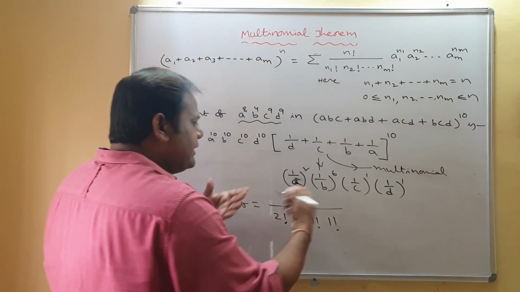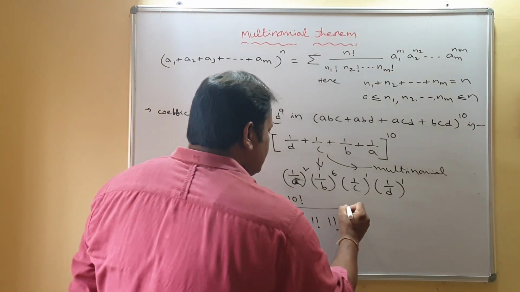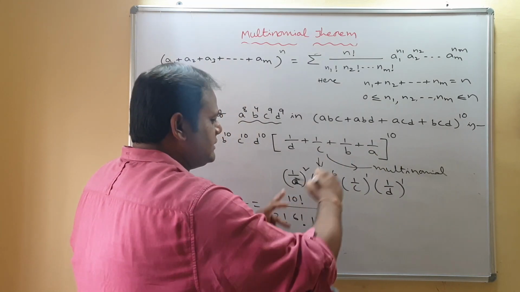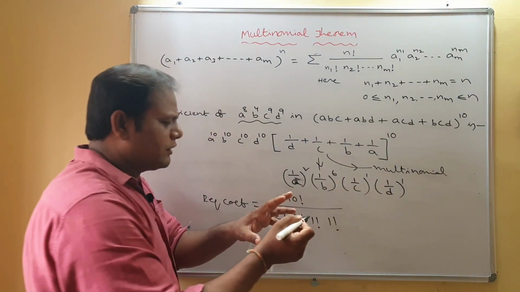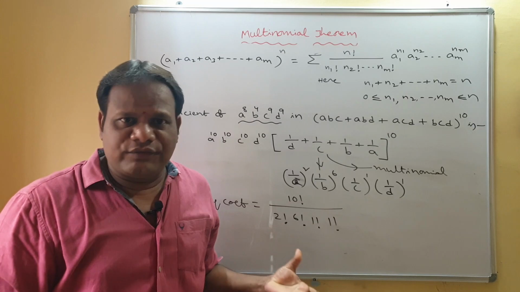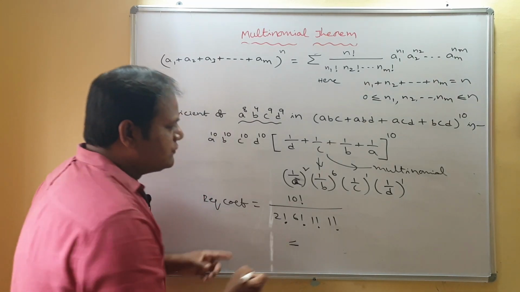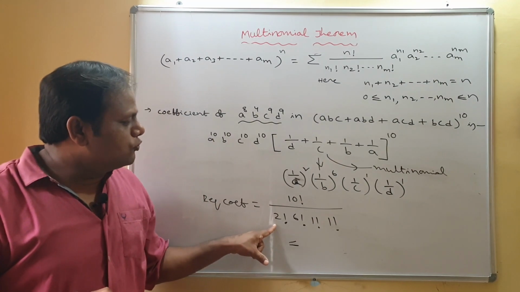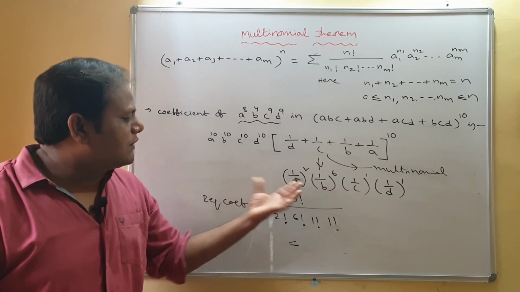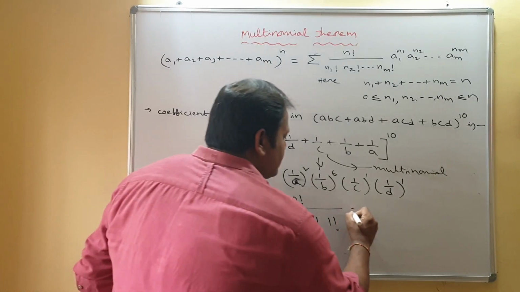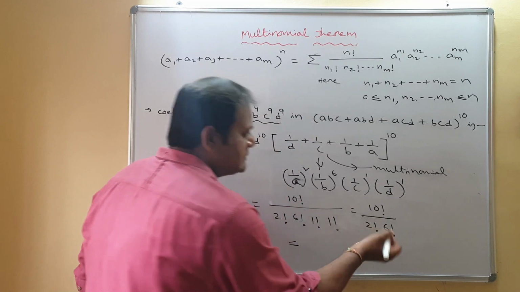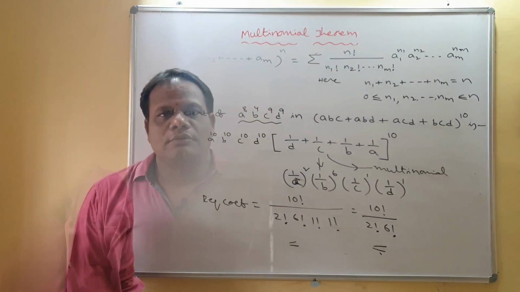Into these terms. I don't want to write all that, because I want only the coefficient. So the required coefficient is 10 factorial by 2 factorial, 6 factorial. Anyhow, you can leave that. So simply 10 factorial by 2 factorial into 6 factorial is the answer to this problem.